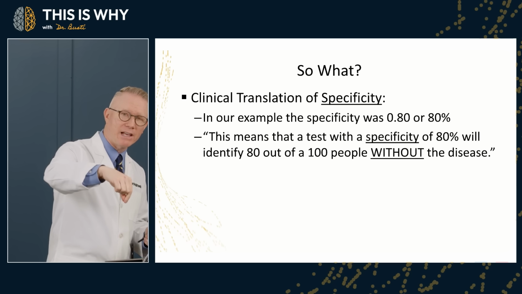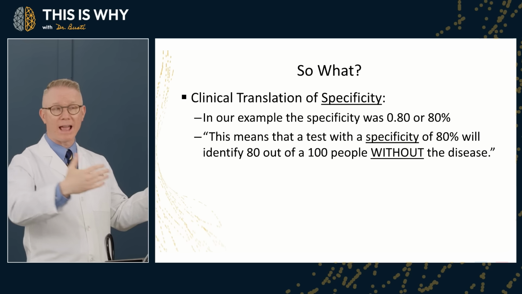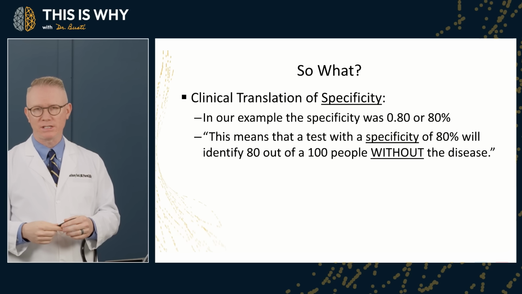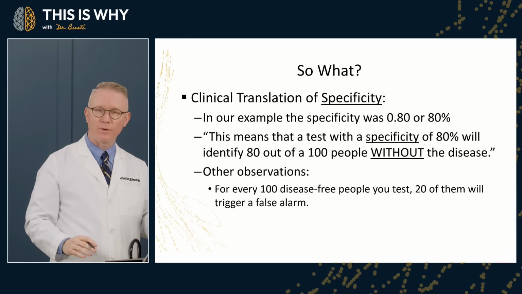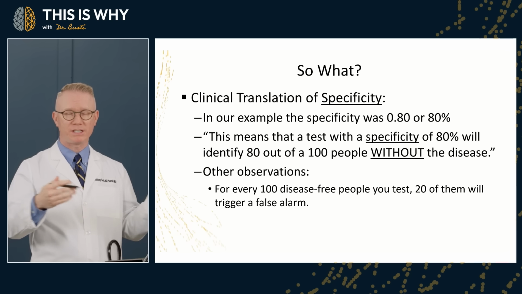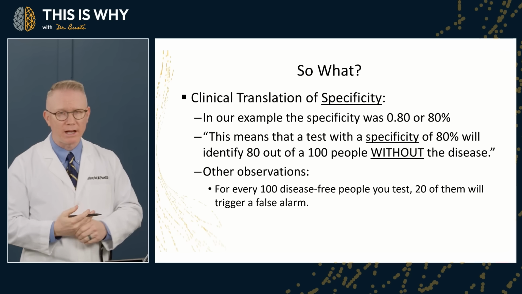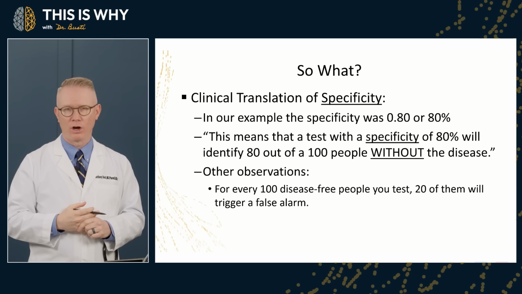Well, that means that with a test with a specificity of 80%, you will identify 80 cases out of 100 without the disease. Now, another observation is that, again, for every 100 people that are disease-free, and you test them, 20 of those patients will trigger a false alarm.